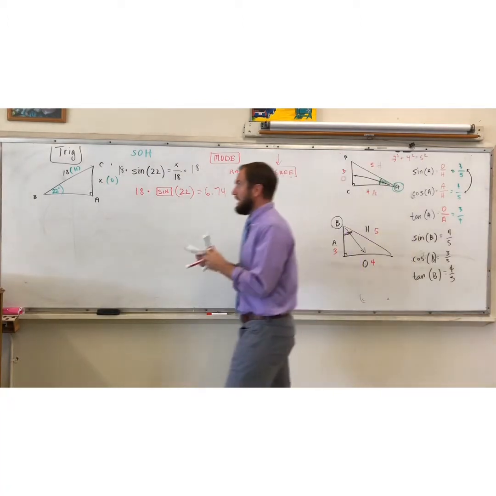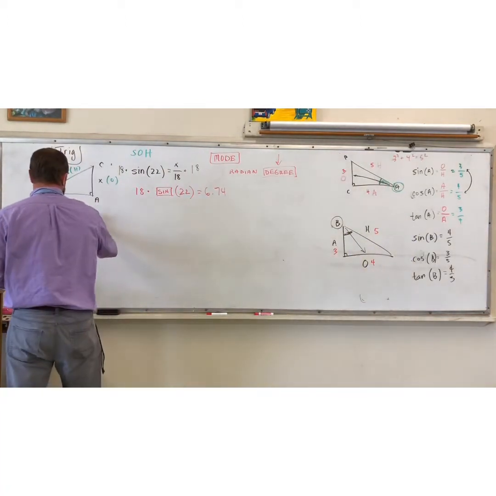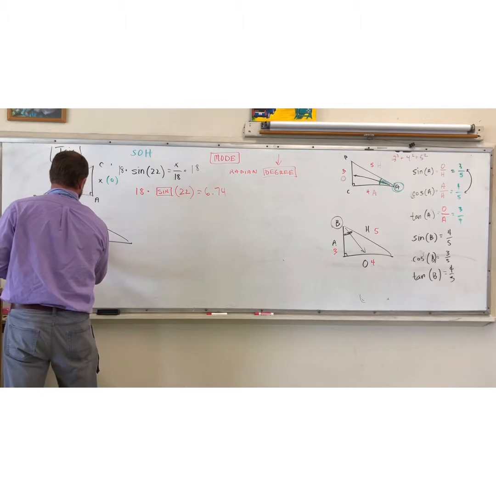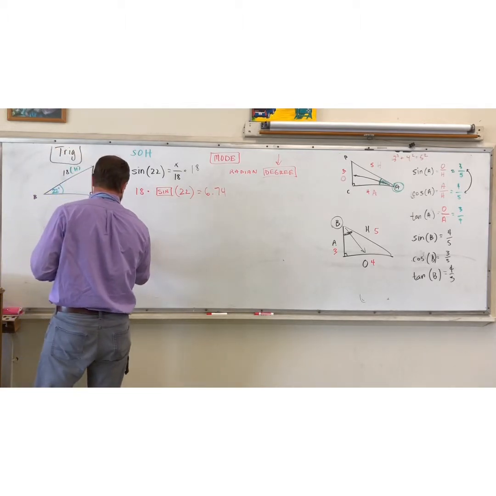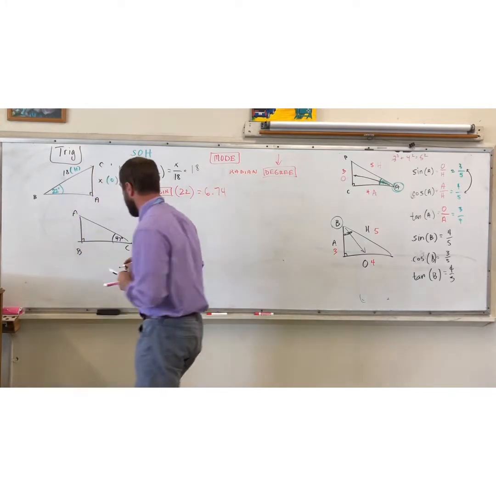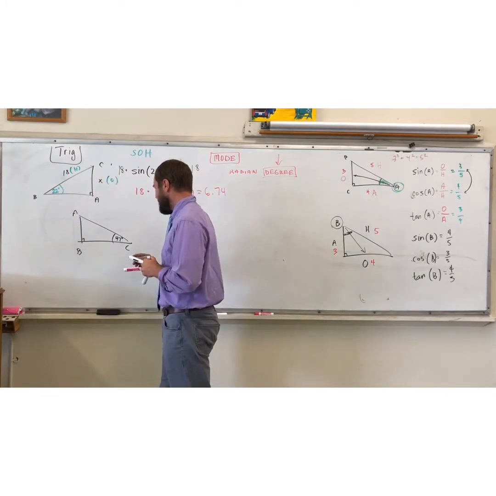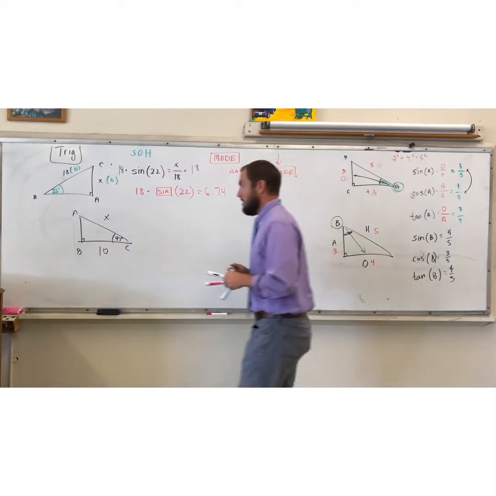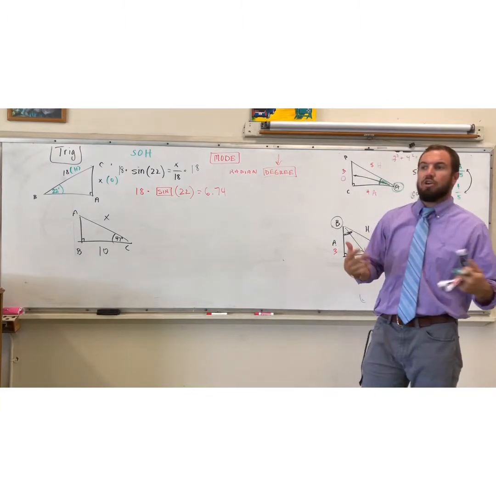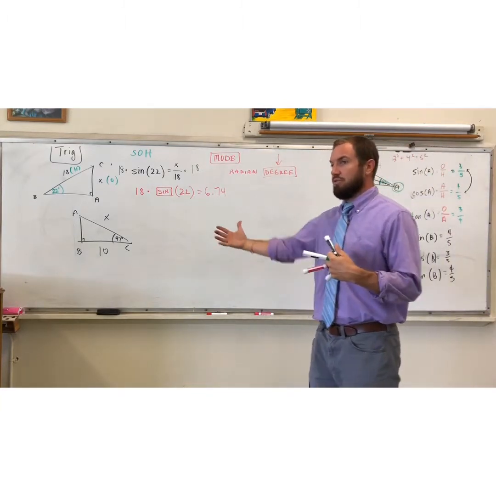So let's say we're looking at another triangle, okay? Let's say we're looking at ABC, and this time I'm giving you this as an angle, and maybe this side here. First thing we want to do is look at what they are giving us in respect to the acute angle.